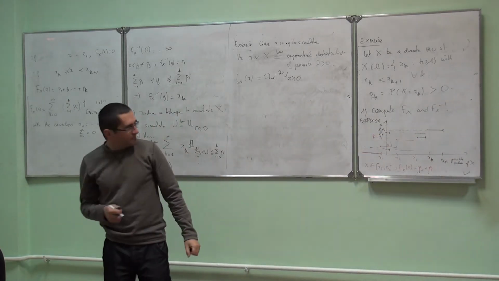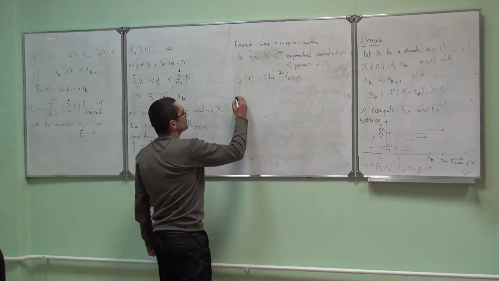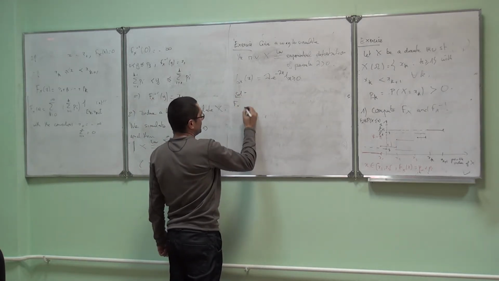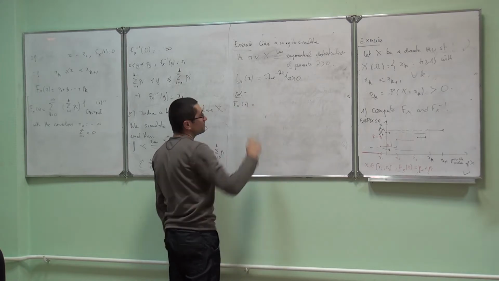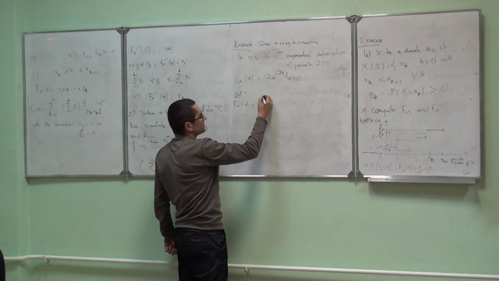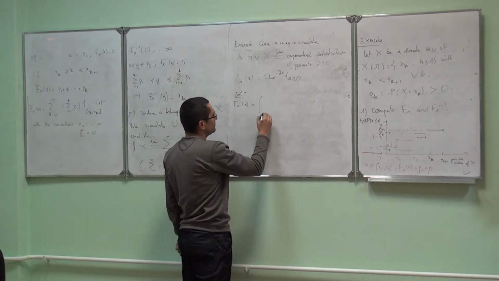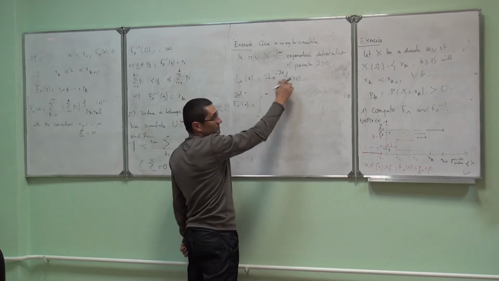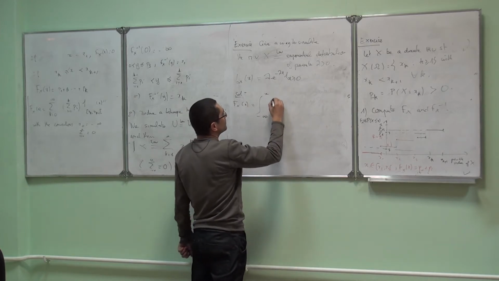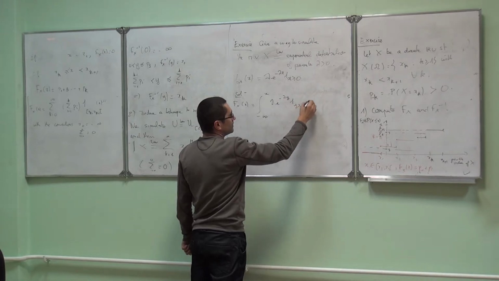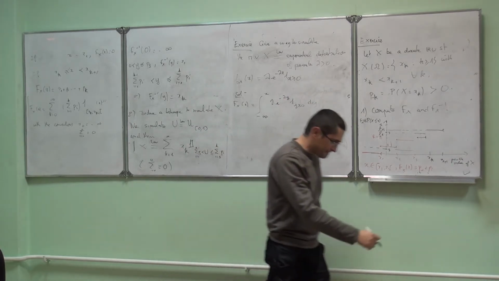Actually, we apply the same method. You compute F_X(x), the probability that X is less than x, as an integral from minus infinity to x of this density function.